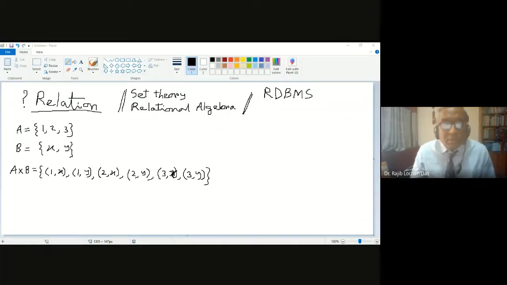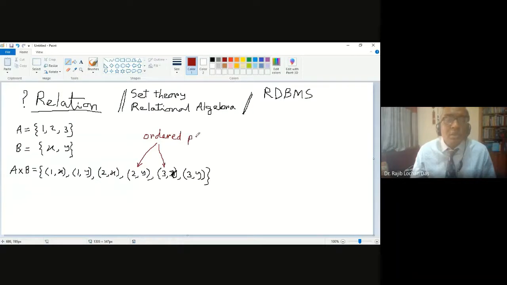In the product set, we call the elements ordered pairs. Every one of these is an ordered pair. Pair is very simple, you know what a pair is. Why is it ordered?